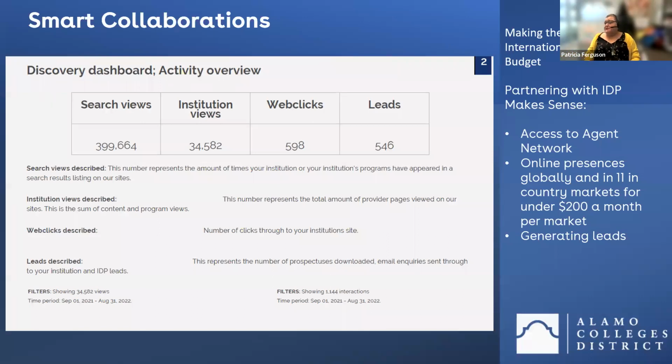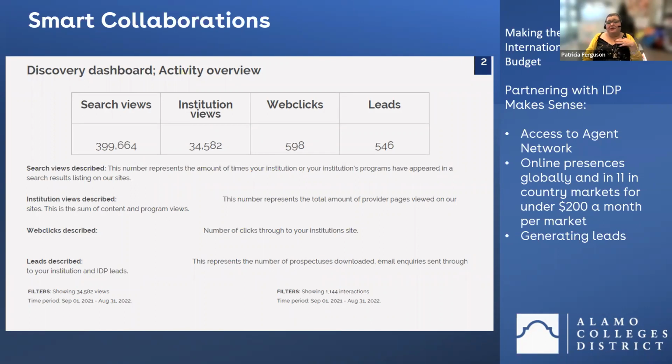So then we started looking at how we can use our partnerships, the smart collaborations, to make the most of our recruitment budget, which right now is very little because our administration is thinking our tuition's too high and we have to get that changed, not only through finance but our board.